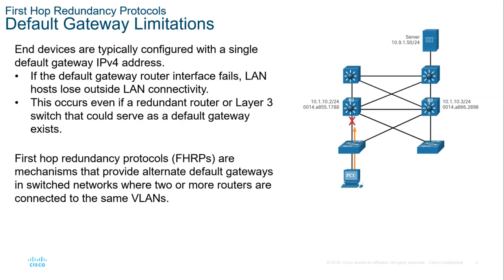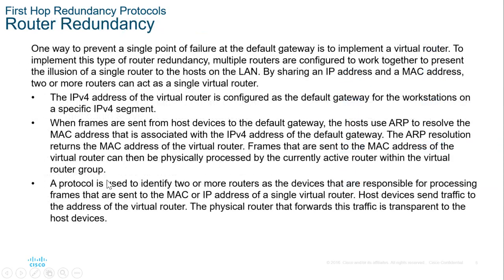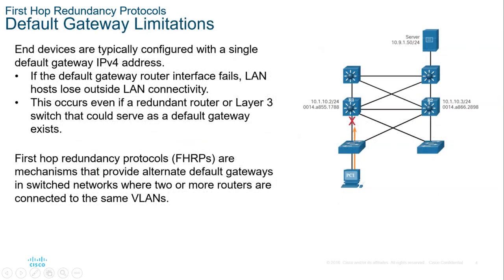So when you look at the topology here, the host is supposed to be assigned an IP address, then the subnet mask, and then the default gateway. Let's assume that the gateway is this interface here.